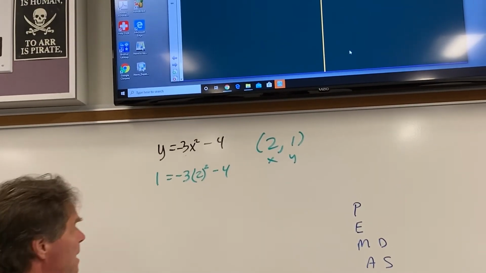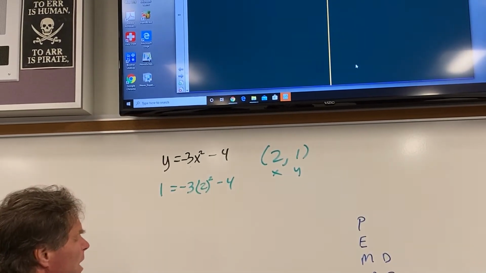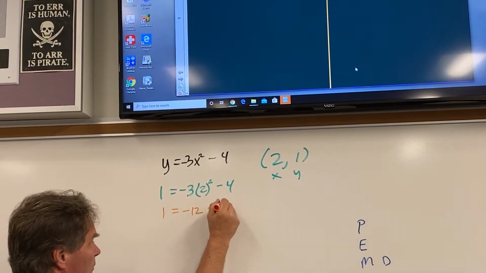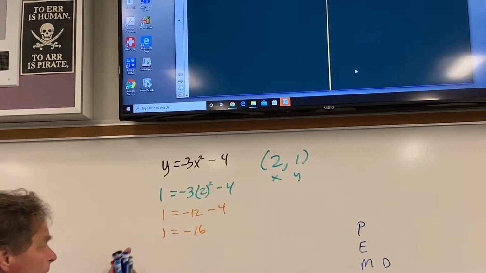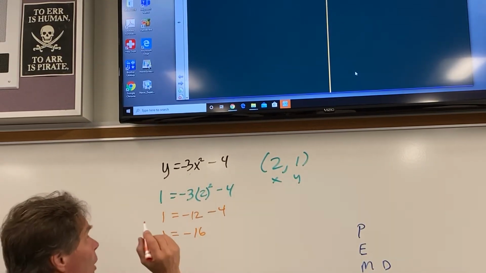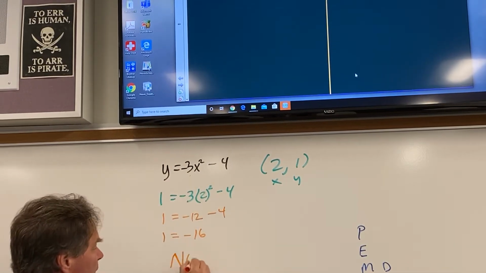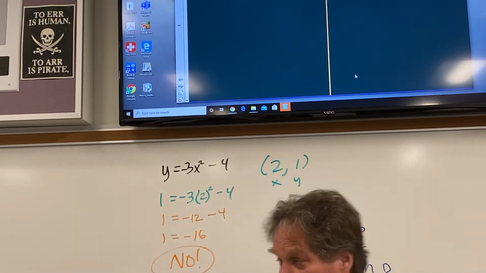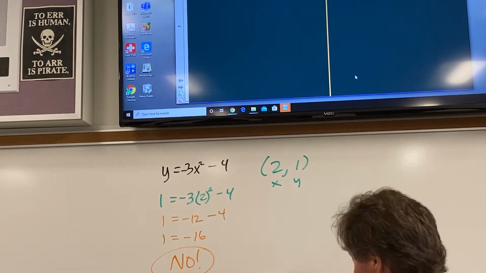You instead say 2 squared is 4 times -3 is -12, so you get 1 equals -12 minus 4, 1 equals -16. That is not true. 1 is not equal to -16. So is (2, 1) a point on the graph? The answer is no, it is not a point on the graph, because when you plug those values in for x and y, you do not get a true statement.